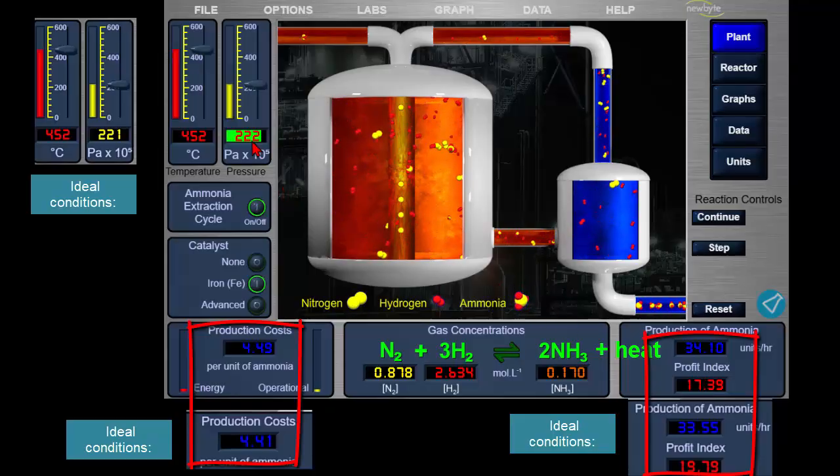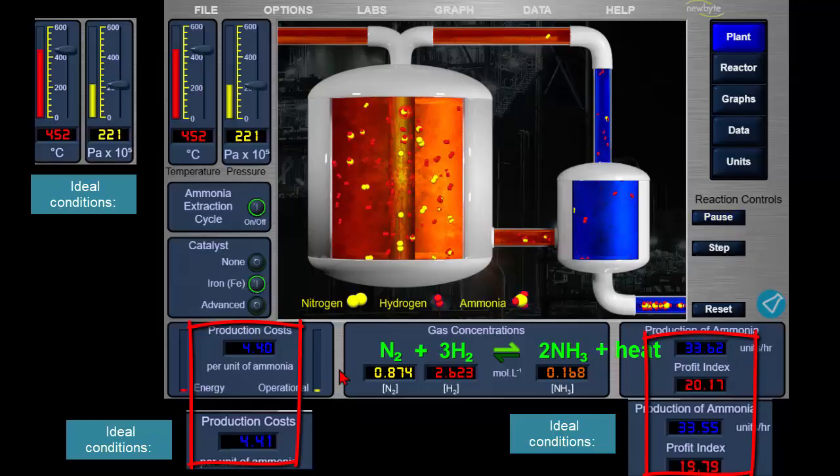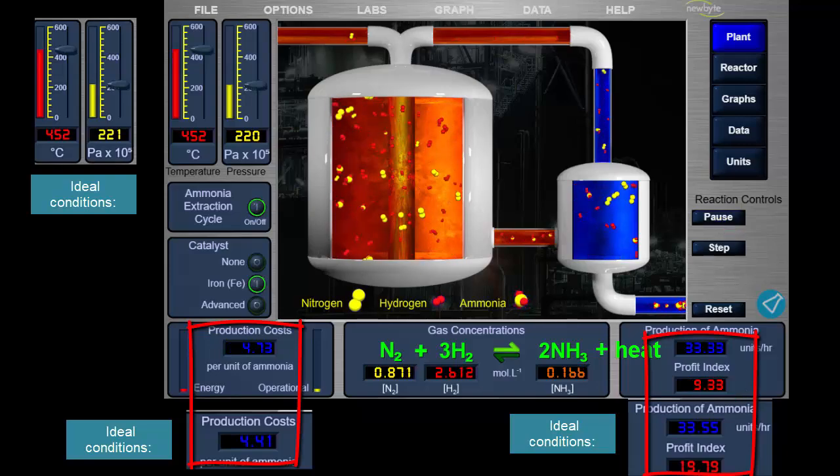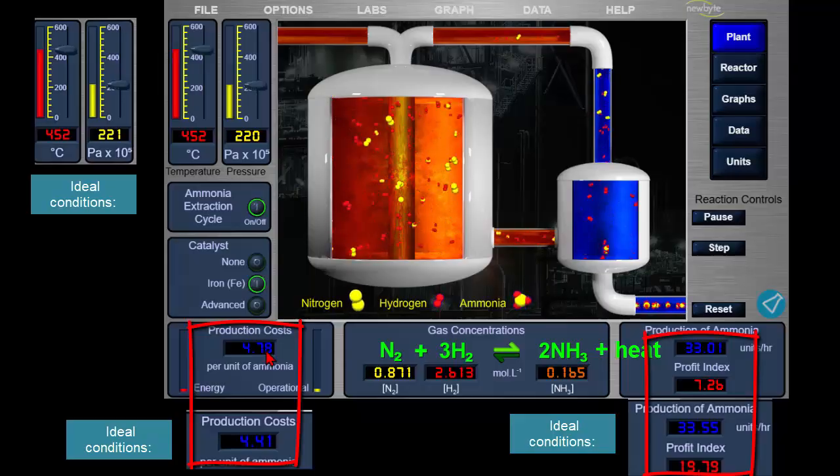So let's keep it at 221. And let's go to 220. I'll type in 220 rather than slide it. And there it drops down quite a bit again. The production costs actually go up, which is the weird thing. And of course the amount of ammonia goes down, but we thought that because we've made the pressure less, it would have been cheaper. So that's the one that doesn't make a lot of sense.